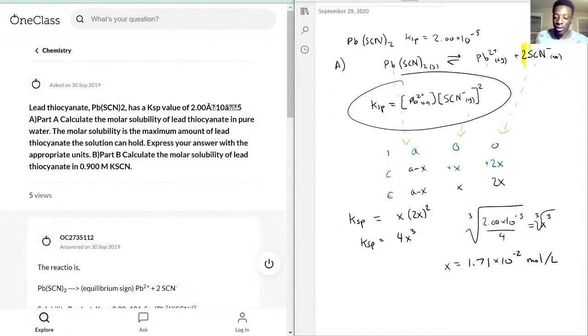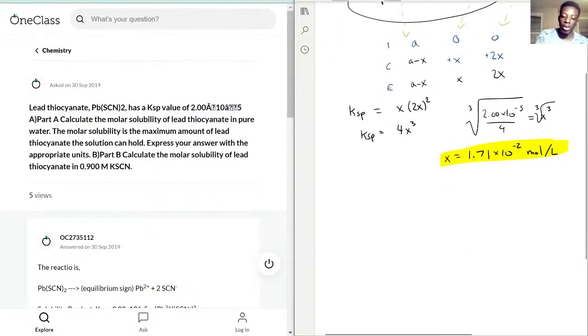And this x value is going to be our molar solubility for this question. So it pretty much means for whatever value of A that's put in, that's how much is going to be produced in pure water.